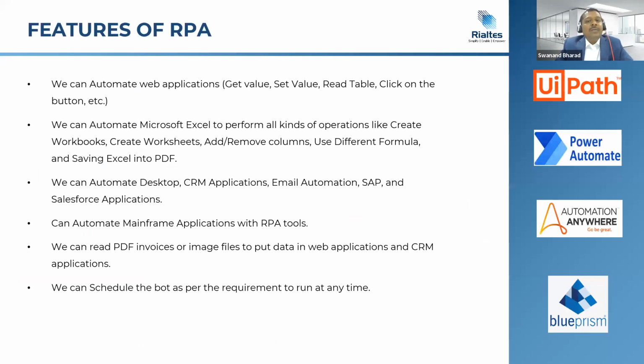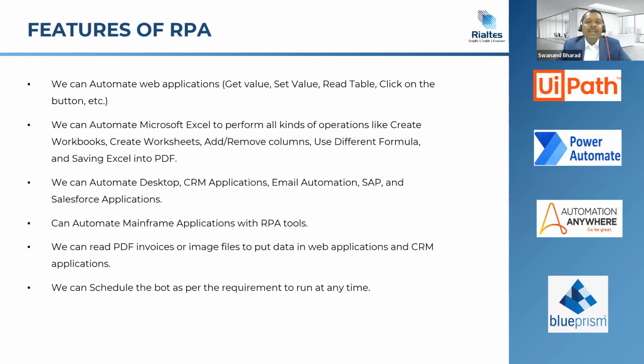Now, features of RPA. We can automate web applications, like if we need to read information from a web application, set values or put values in a text box, or put values in a table.